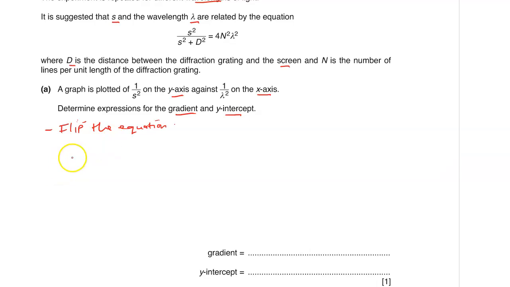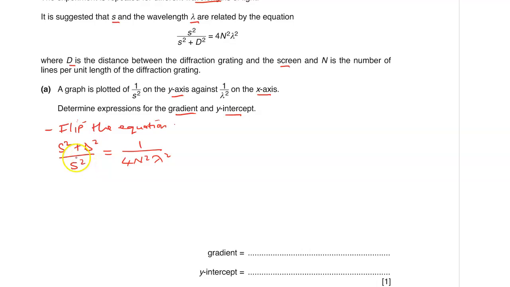Flipping the equation is just bringing the denominator to be the numerator and the numerator to be the denominator. I'll just flip the equation right there. So this becomes 4n squared lambda squared.